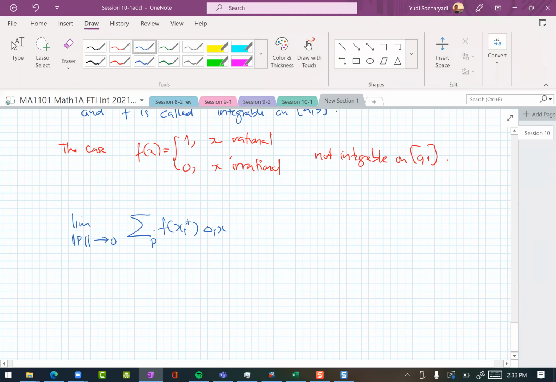So the limit as the partition gets finer and finer.